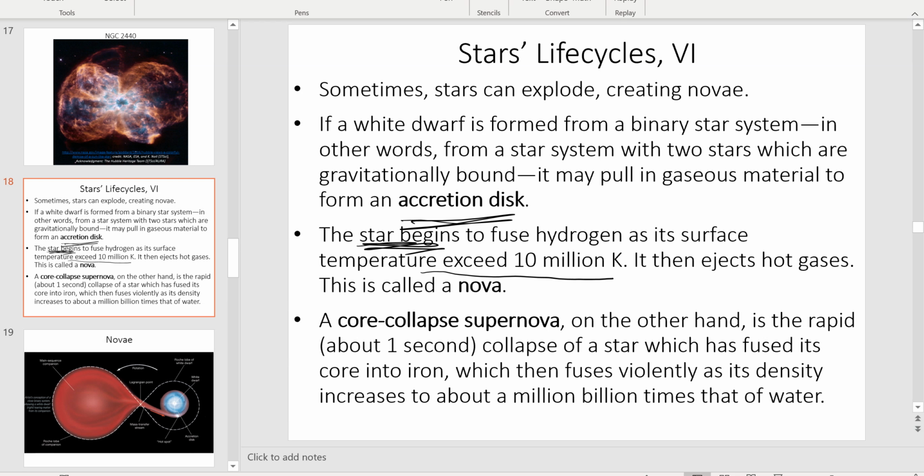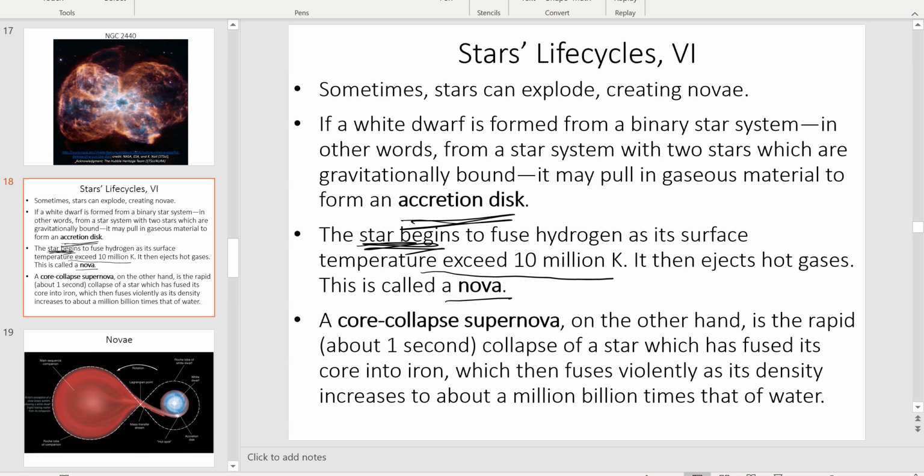And if this hydrogen fuses in large amounts, this is called a nova. We have a sudden explosion of hydrogen because we have a huge amount that's fused. This is the same thing that powers thermonuclear weapons. So we have this massive explosion called a nova, and these gases are ejected out into space.